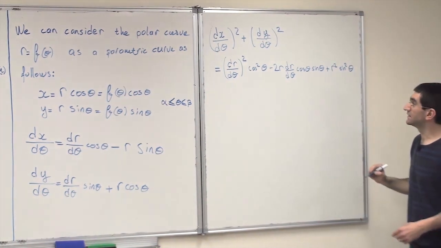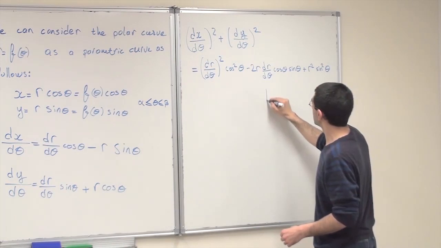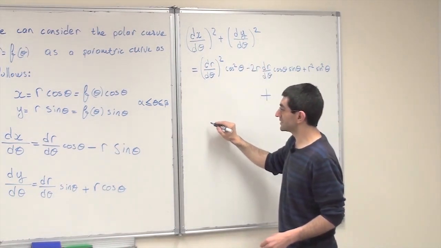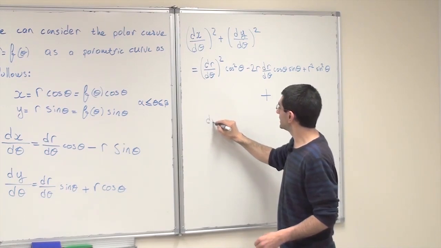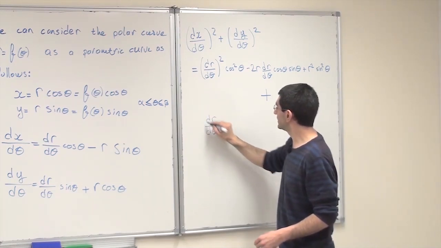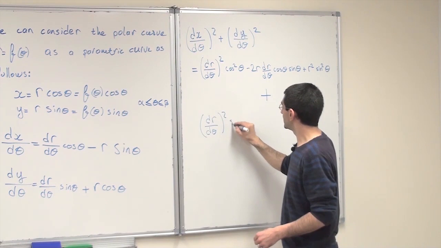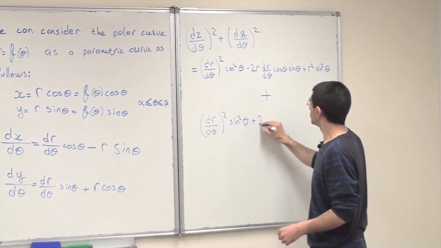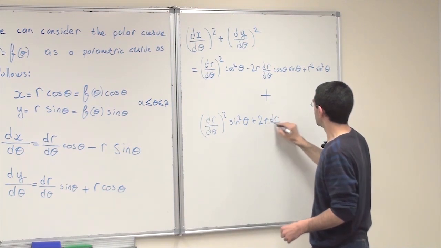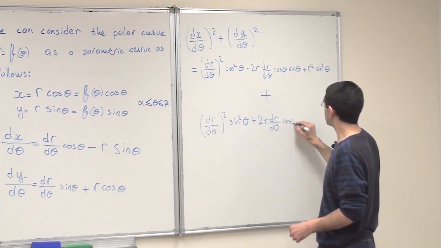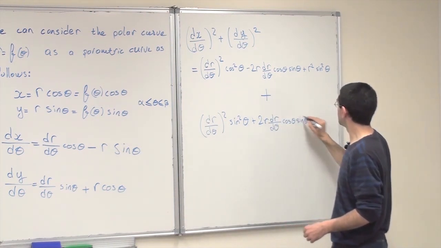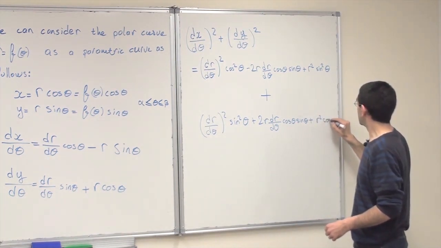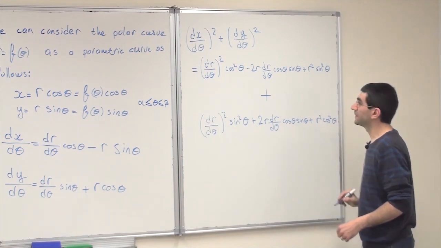That's our dx over d theta squared. Now plus dy over d theta squared, which is going to be dr over d theta all squared sine squared theta plus 2r dr over d theta cosine theta sine theta plus r squared cosine squared theta.